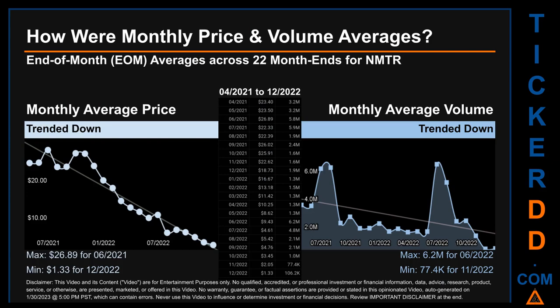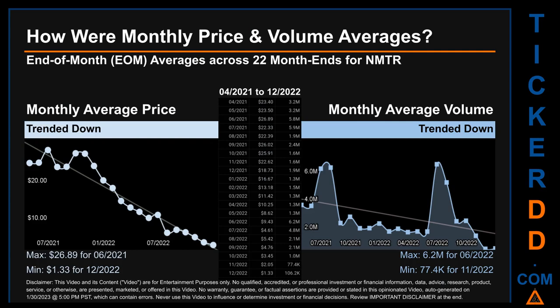How were price and volume averages for NMTR? Across 448 trading days, there were a total of 22 month ends, for which monthly averages for daily price and volume were calculated. Overall, monthly price average trended down while monthly volume average trended up.